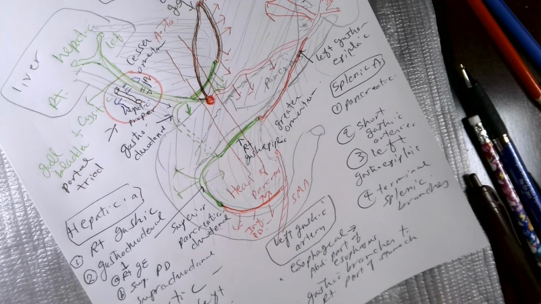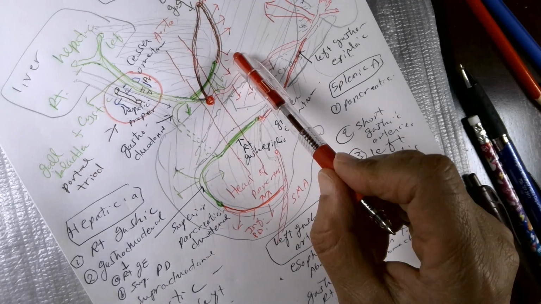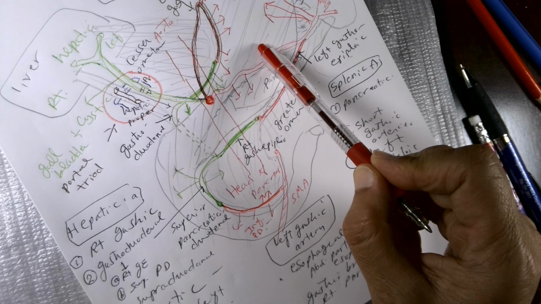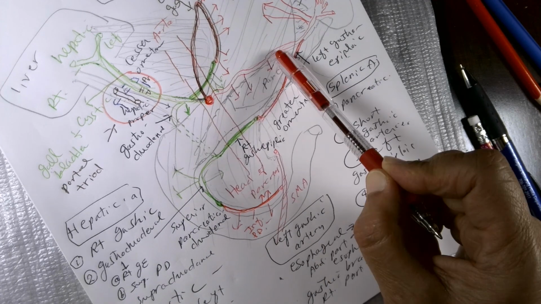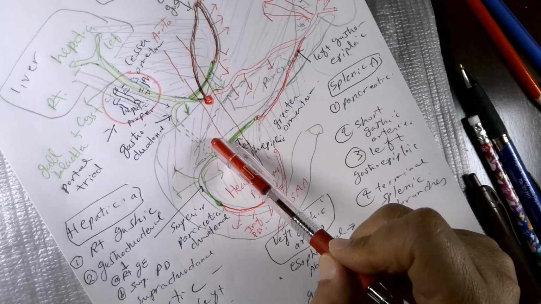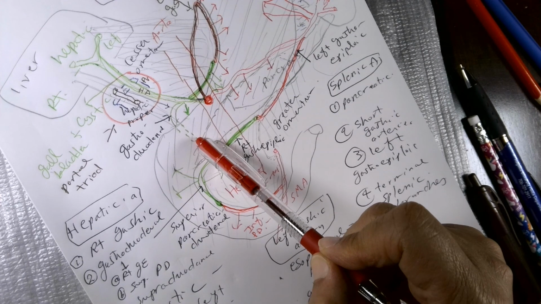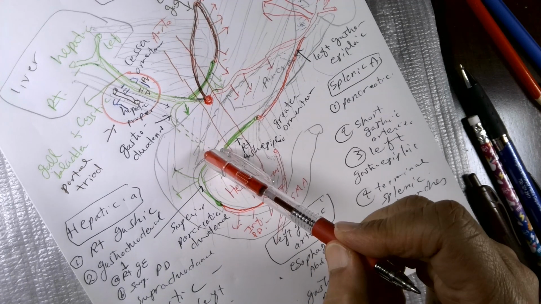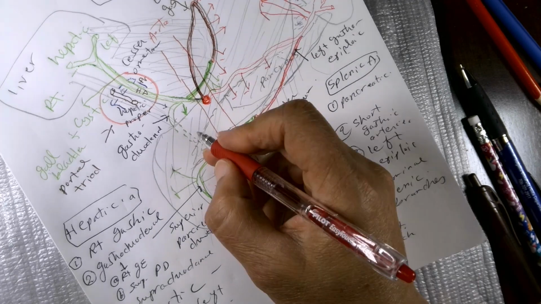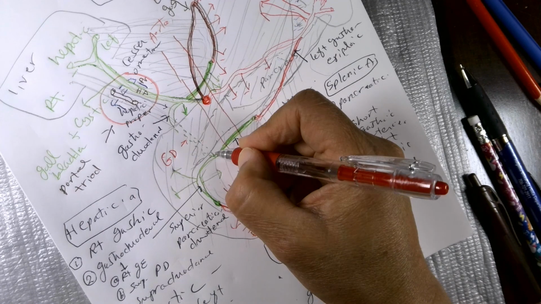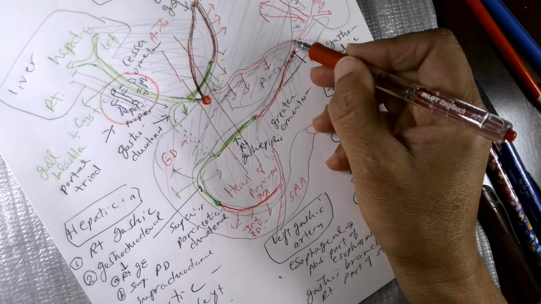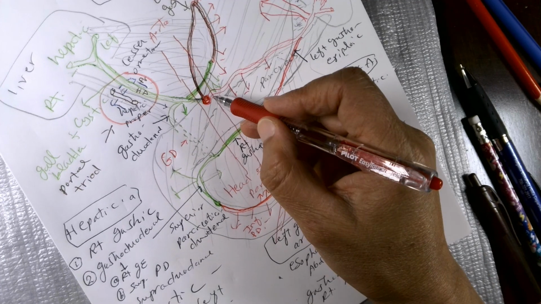And finally, if there is any perforation in the stomach due to gastric ulcer, the artery at risk is going to be splenic. If there is any perforation of the duodenum due to duodenal ulcer, the artery at risk is going to be gastroduodenal. This is the gastroduodenal artery, descending behind the duodenum, and this is the splenic artery, passing behind the stomach.